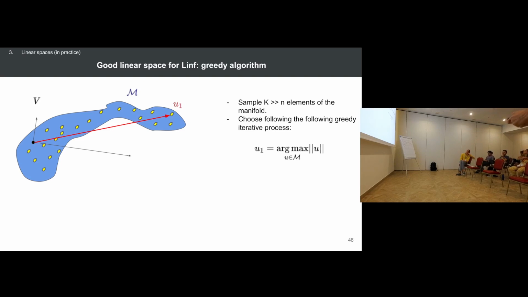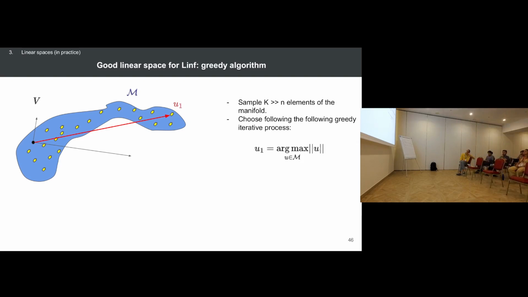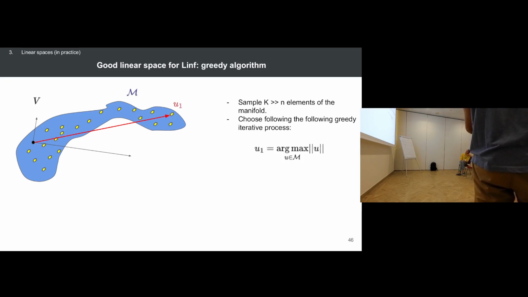And what we will try to do now is to follow an iterative process in which at each step we will choose one element of all these sampled elements that is the worst, the one that has the biggest error using the previous linear space that we have built before.